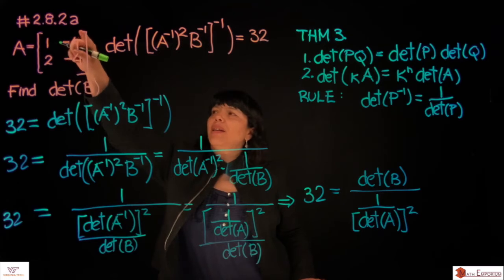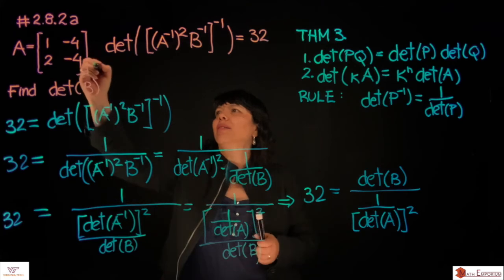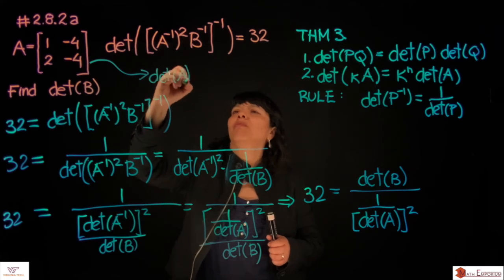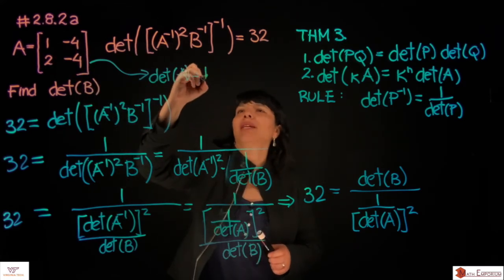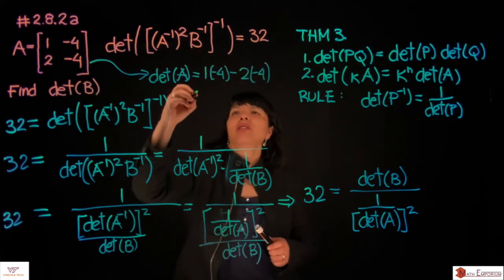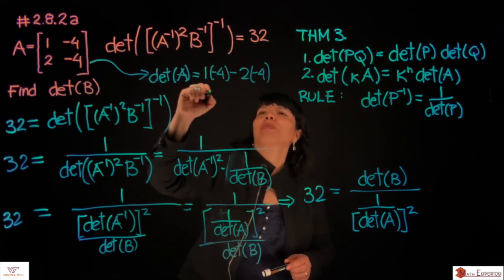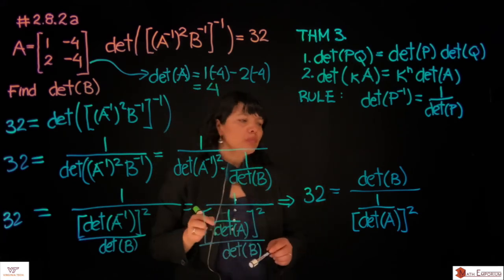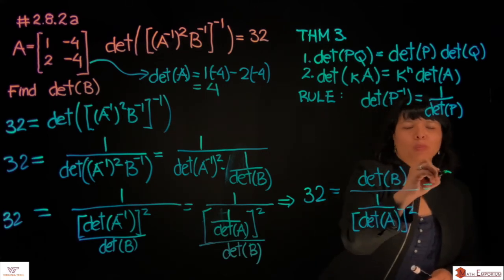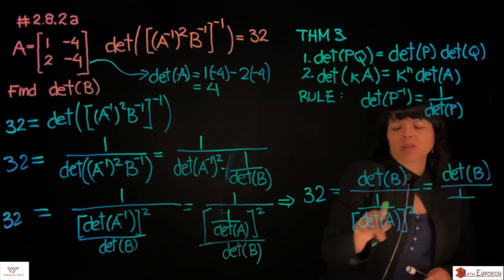If A equals this, let me put that here, the determinant of A is, we can do the computation, 1 times -4 minus 2 times -4. So that gives me -4 plus 8, so that's 4. So I'm going to substitute here 4. One over 4 squared.